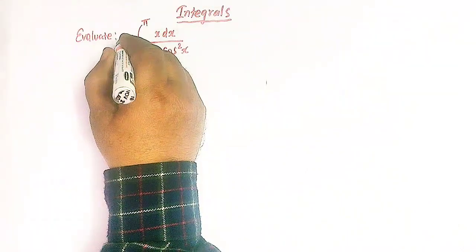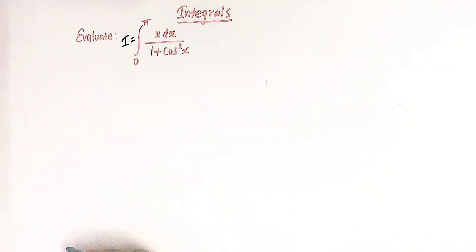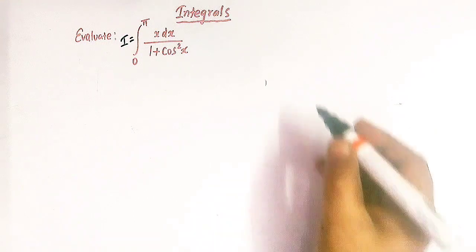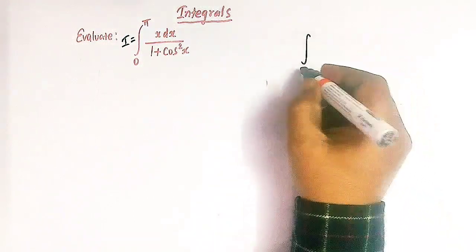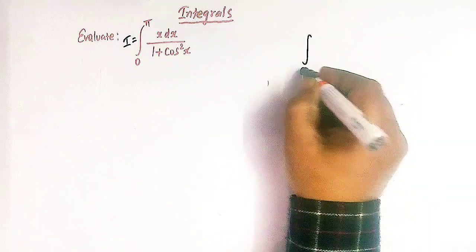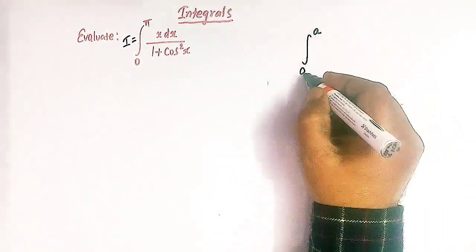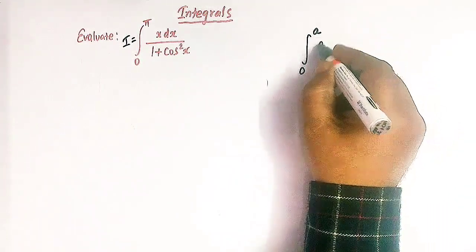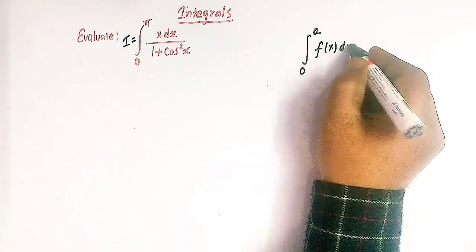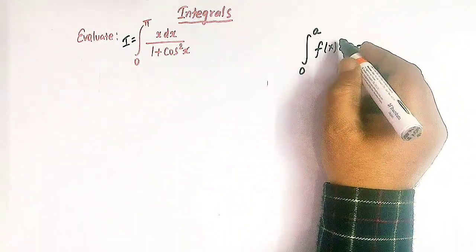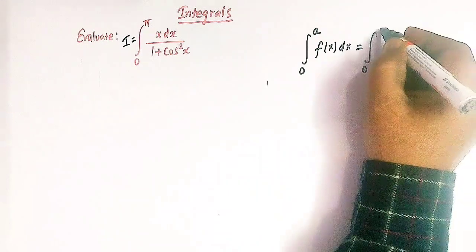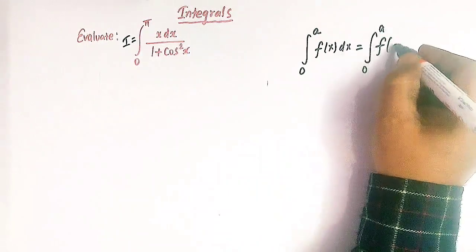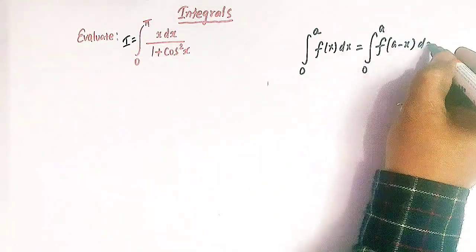So let us take this integral as I. We know an important property of definite integrals which says that if we have an integral from 0 to a of f of x dx, then this integral is equivalent to the integral from 0 to a of f of a minus x dx.